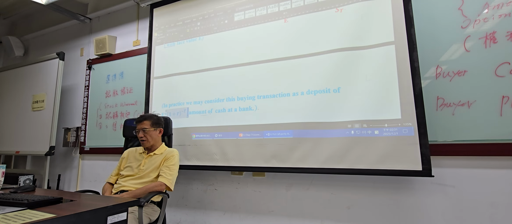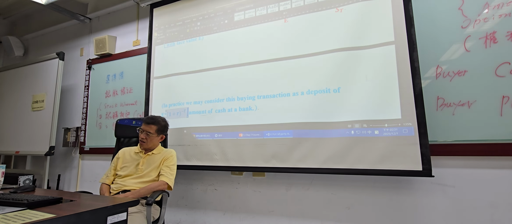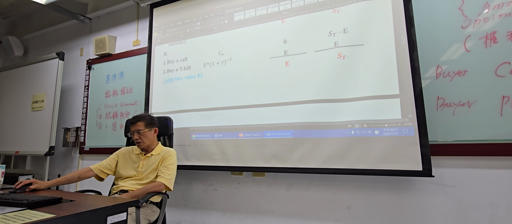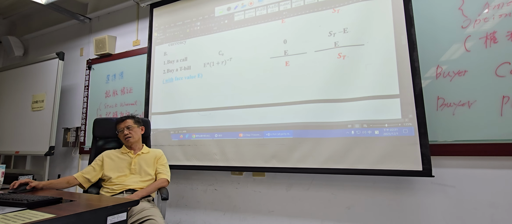We studied it in our financial management course in our sophomore year, in our last semester's discussion. If you deposit this amount, capital E times 1 plus R powered by minus T, in cash at the bank, then at the expiration you may collect the face value, capital E, back in cash.